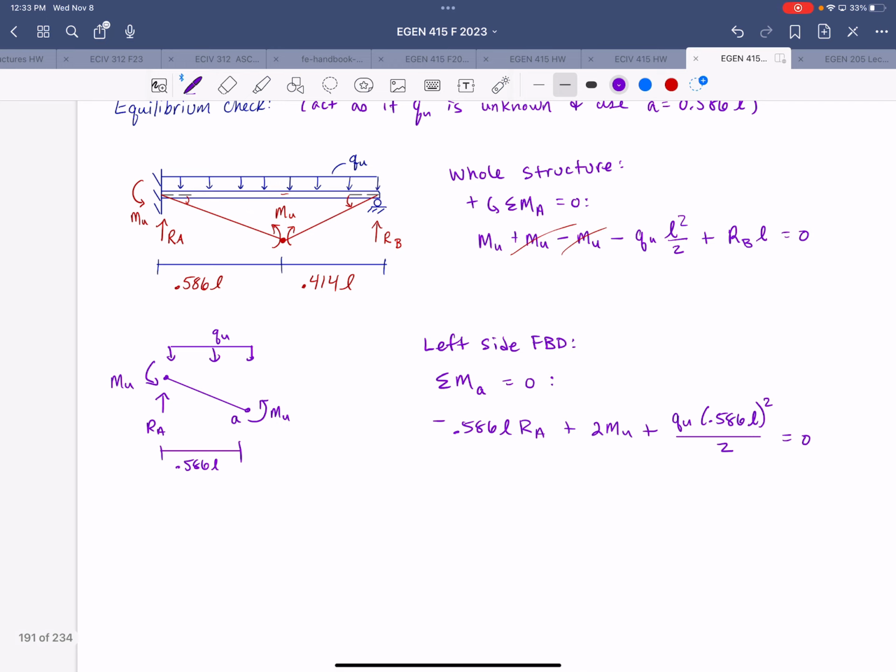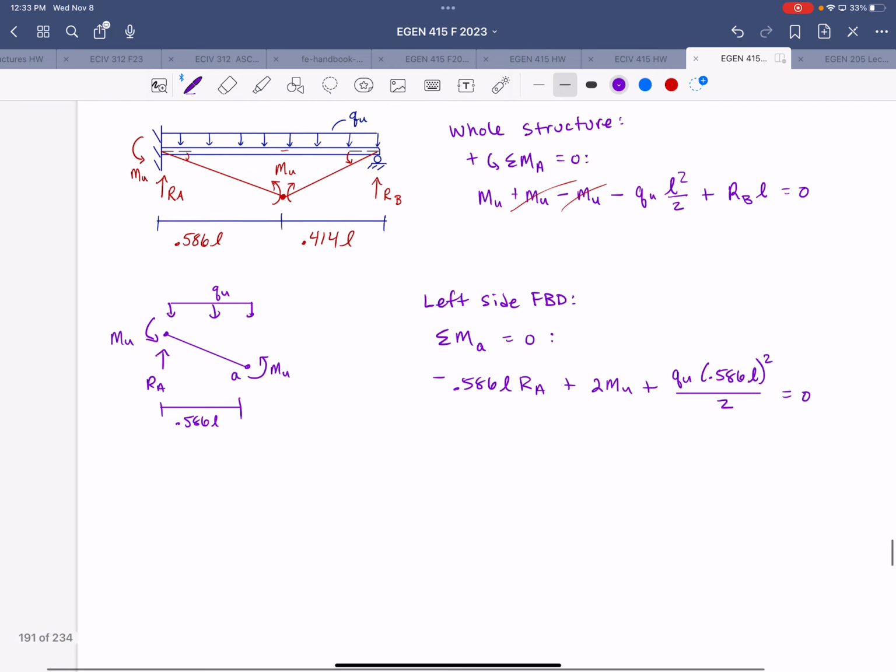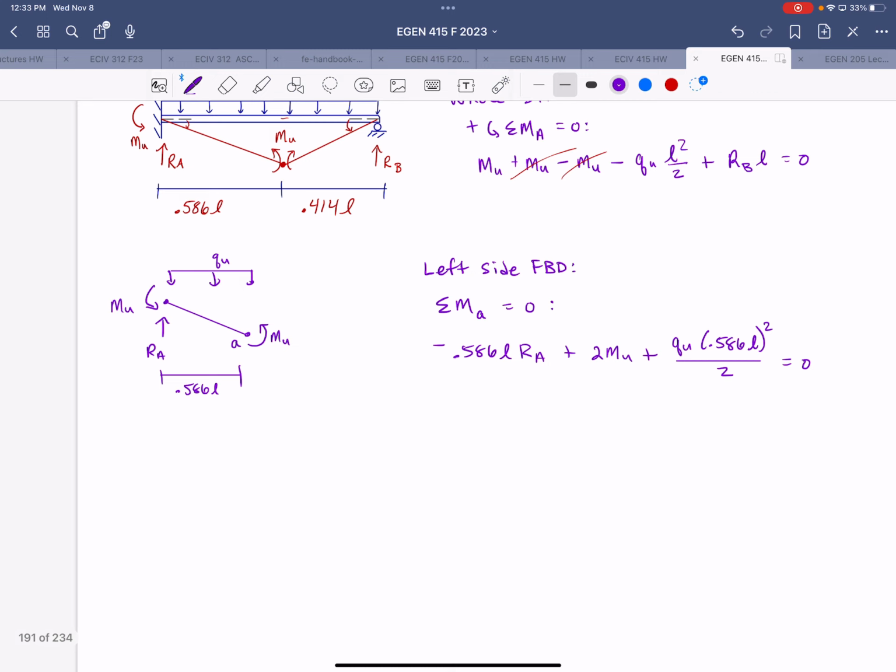So that's another equation that we have. The unknowns that we'll be solving for, by the way, are RB, RA, and Qu. And Qu is what we're interested in because that's what we have to compare to our energy method results.